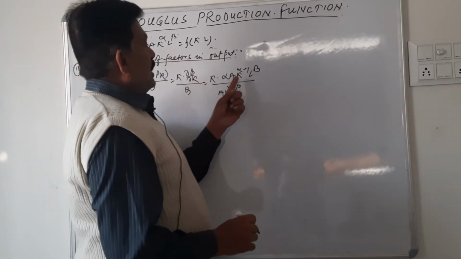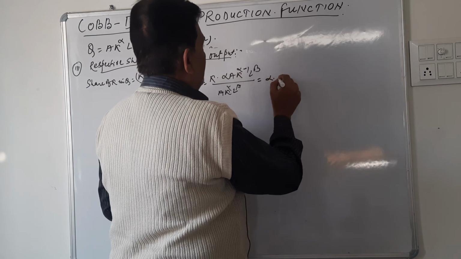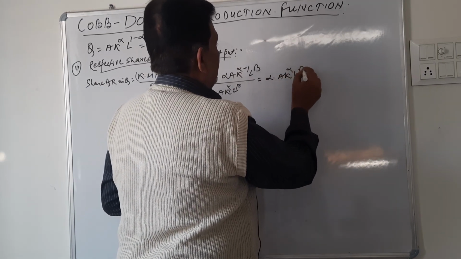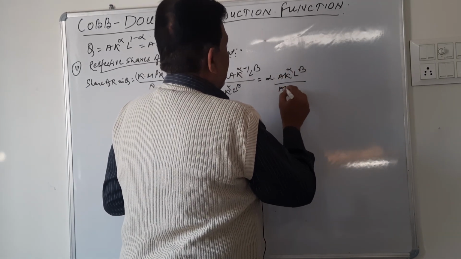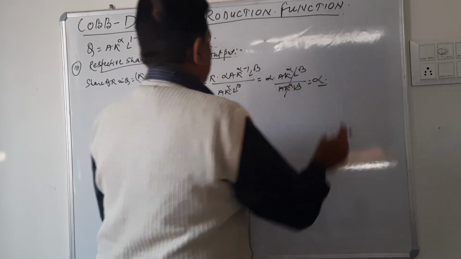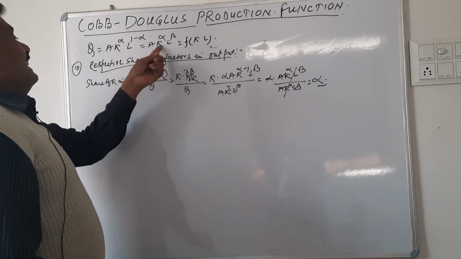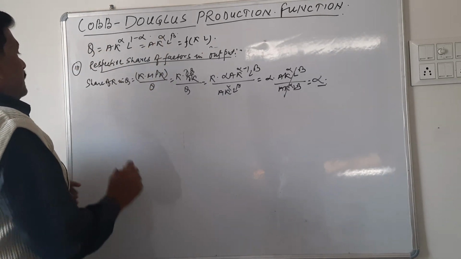If K is absorbed here, this minus will disappear. So finally we shall have alpha A k to the power alpha L to the power beta over A k to the power alpha L to the power beta, and hence it is alpha. Yes. So the exponent of capital is its own share in total output.